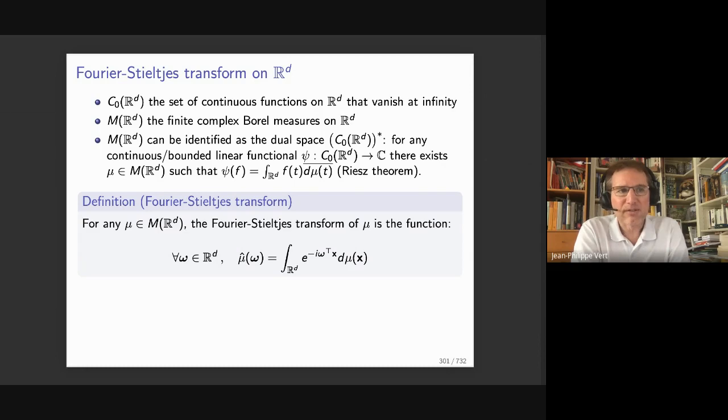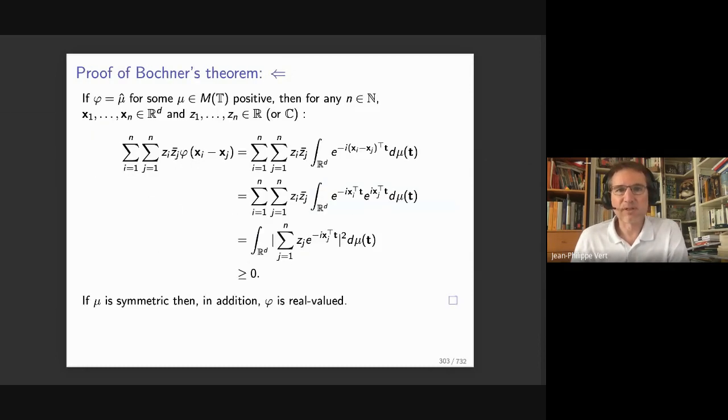I've just mentioned that, as before, there is one direction in the proof which is easy. It's that if phi is the Fourier transform of some mu which is positive, then the kernel is positive definite. I will not read out the proof, but it's exactly the same as before.